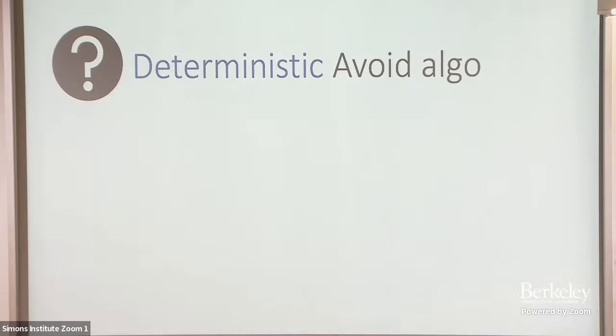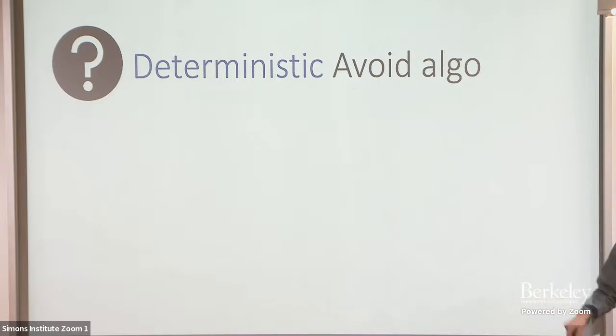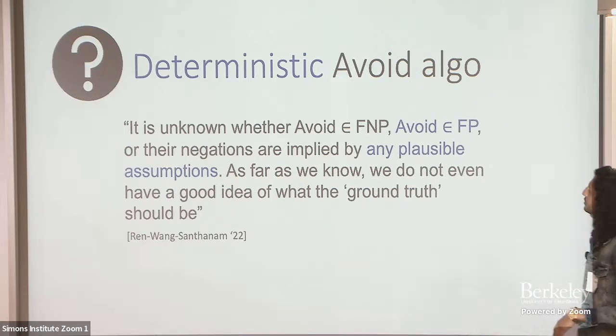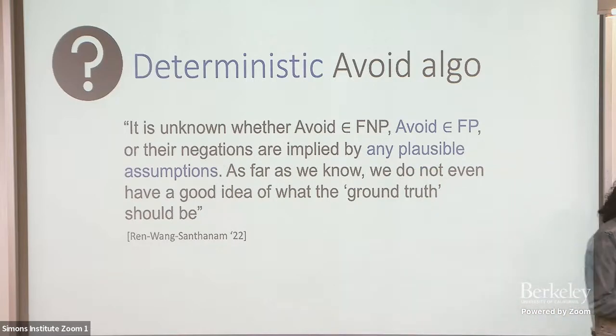Yeah, I've sort of given the punchline away already, but under the same assumptions that I talked about earlier, there's not a deterministic algorithm. What makes this interesting is that it was unknown prior to this whether there are any plausible assumptions under which you can show that Avoid does not have a deterministic algorithm. It wasn't even clear what the ground truth was.